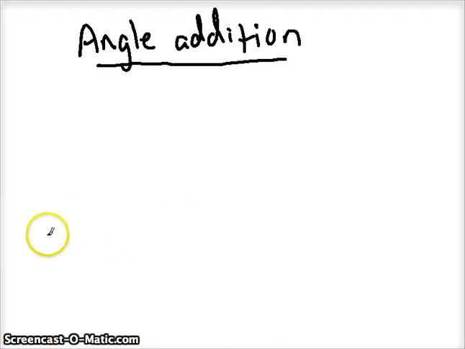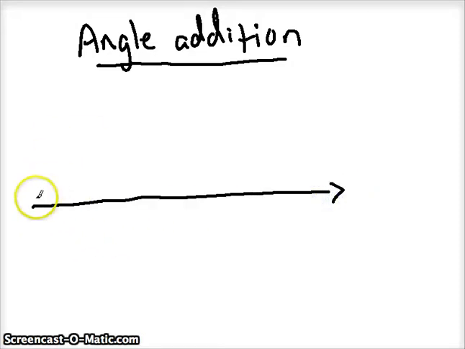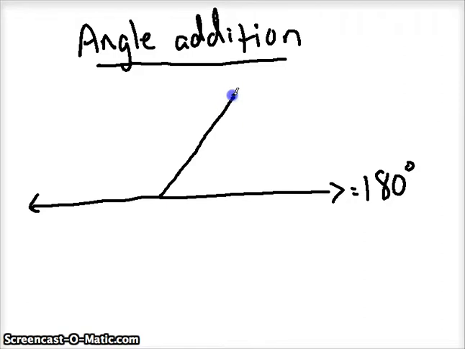So to start off, I'm going to draw a line. We could use our inductive reasoning, right? We know that a line equals 180 degrees. So any two angles that help create this line, this total right here goes all the way from this side over to that side.